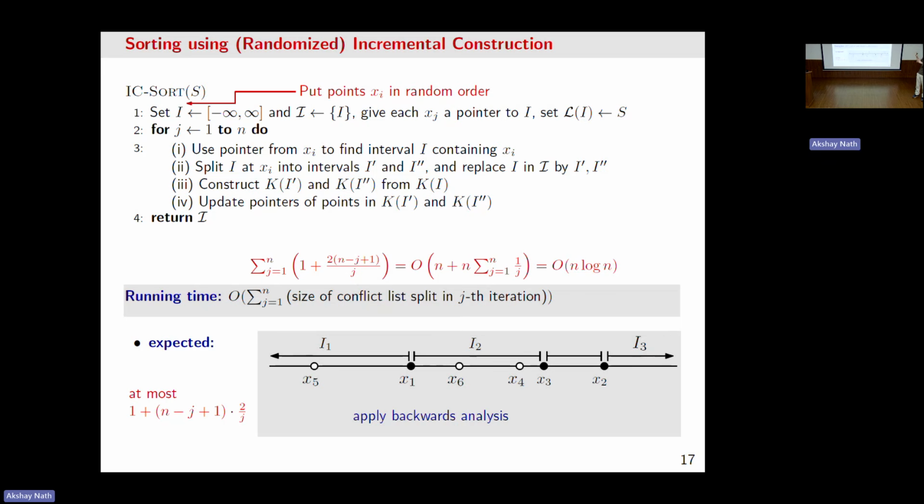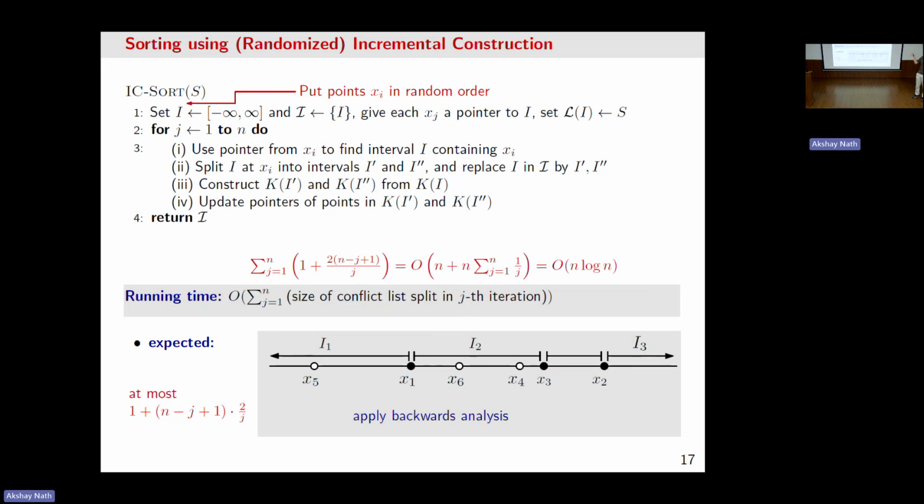So I'm now going to describe the second way of setting up the algorithm. This one was using these conflict lists. Now I'm not going to maintain the conflict list, but do something else, and then it is even closer to randomized quicksort.